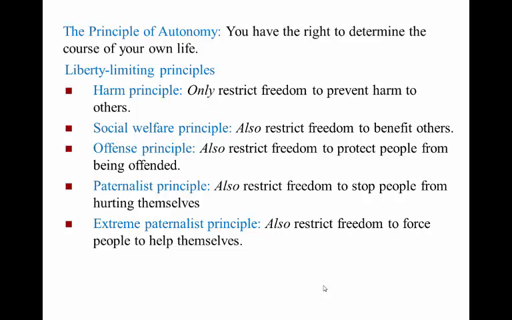This latter would be invoked if you not only wanted to require people to wear seatbelts, but also forced them to go on a diet, get some exercise, and generally become better people. The difference between regular paternalism and extreme paternalism would then be parallel to the difference between the harm principle and the social welfare principle, where in one you can compel people to prevent them from hurting others, and in the other you can compel them to help others.